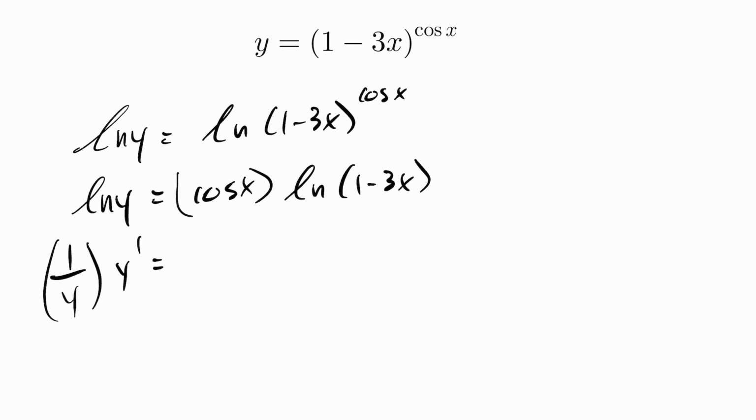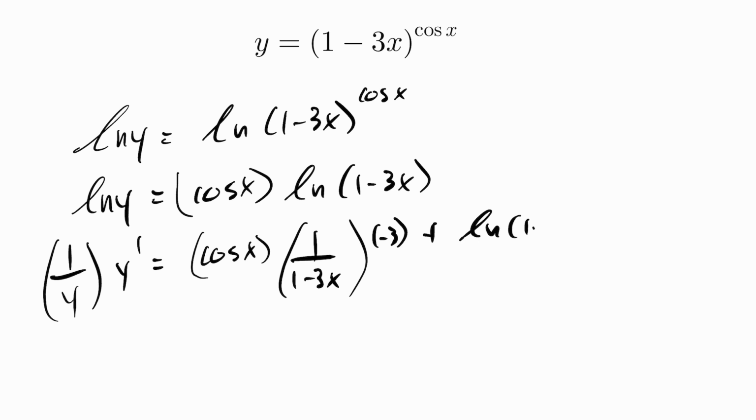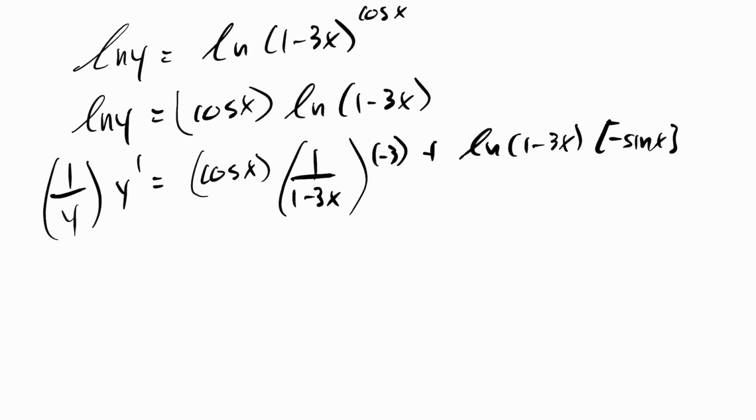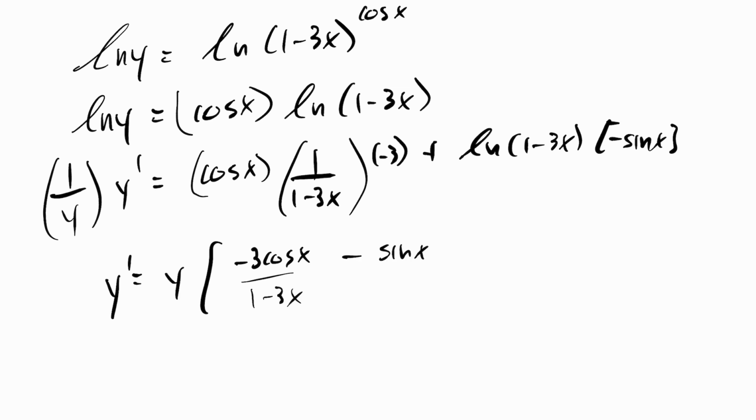I get 1 over y times y prime, and then we have the first times the derivative of the second, plus the second term, and the derivative of cos is negative sine of x. Continuing this, I end up getting y prime is y times (minus 3 cos x over 1 minus 3x, minus the sine of x ln of (1 minus 3x)).